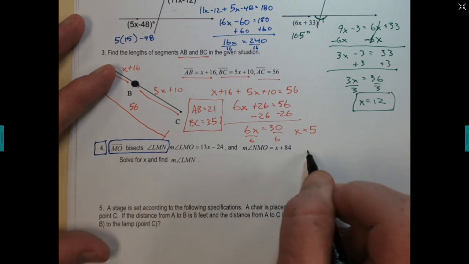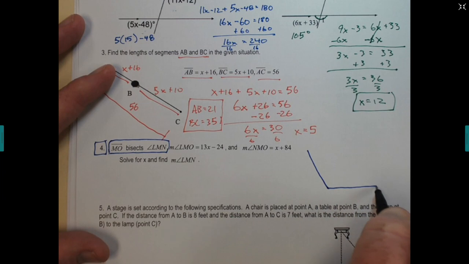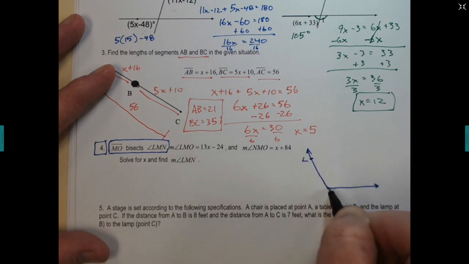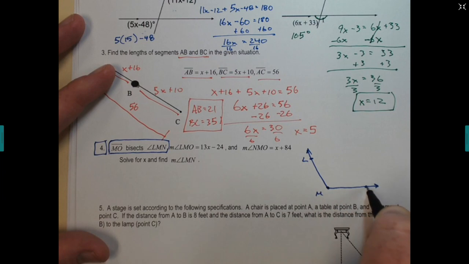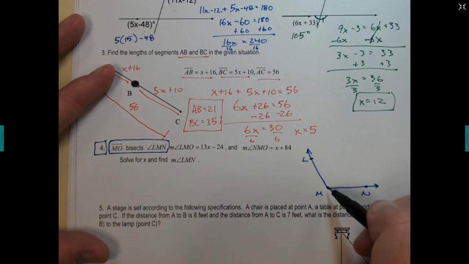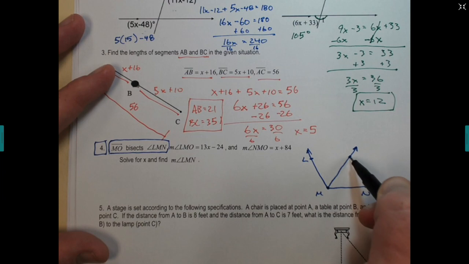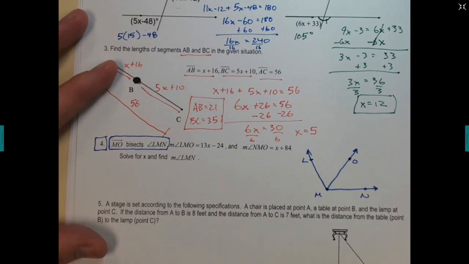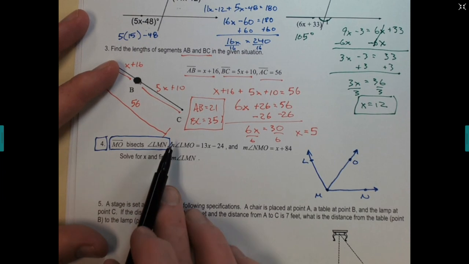Angle LMN, and we need ray MO. Bisect means cut in half. Now let's put all the values in there.